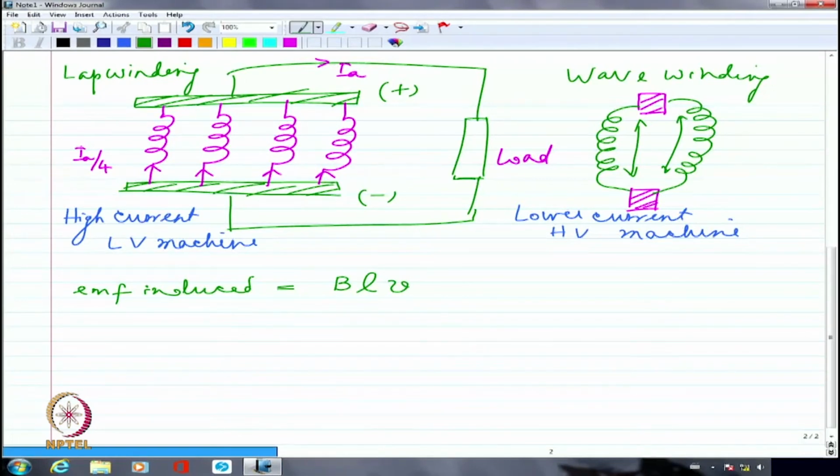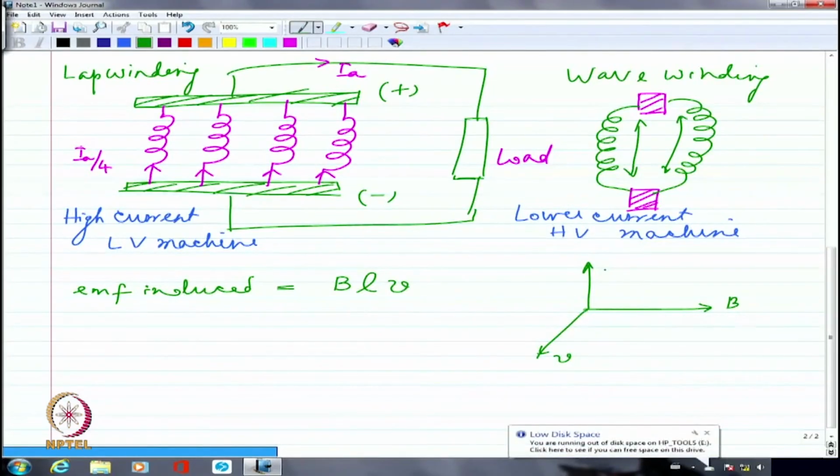So if I have V like this, maybe exactly perpendicular to B, I am going to have the induced EMF which is perpendicular to both of them. That is how it is going to be.